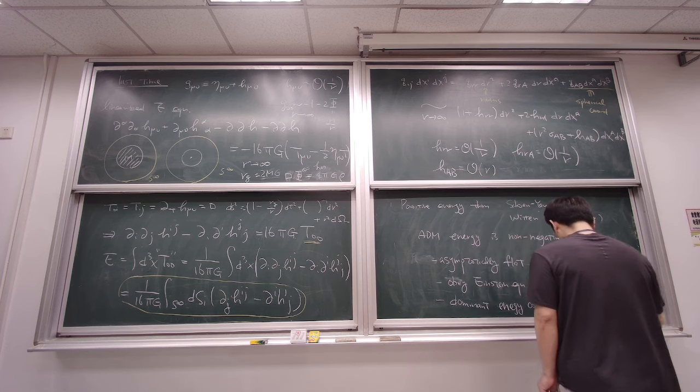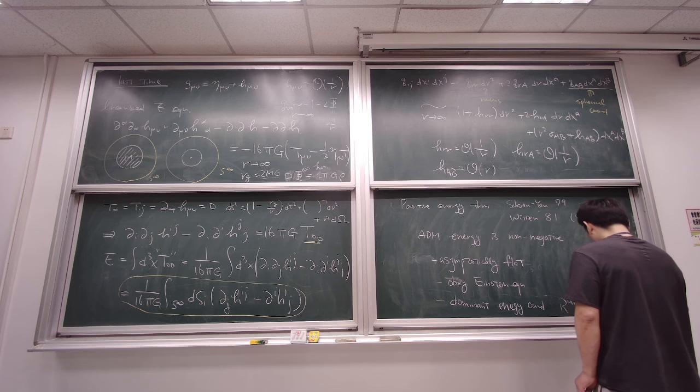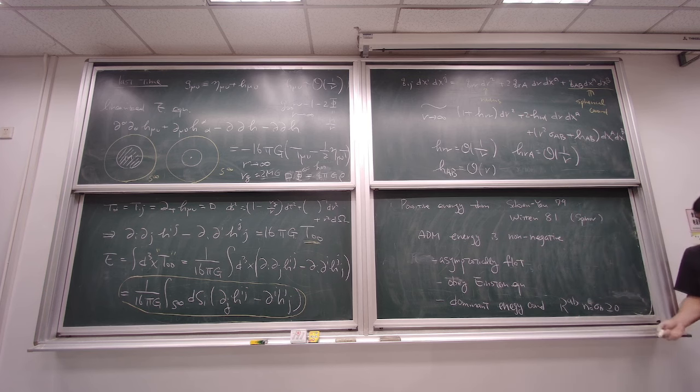The dominant energy condition is something like R_ab n^a sigma^b is non-negative, where n^a is again the orthonormal vector to the time-like Killing, and sigma is a radial orthonormal vector.